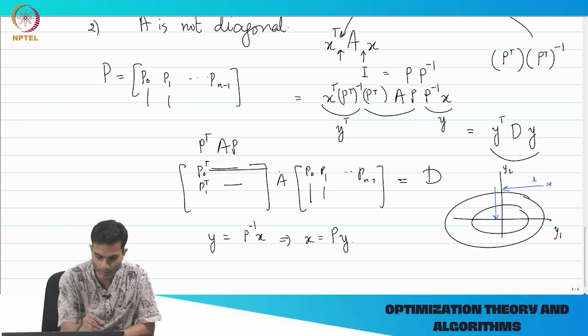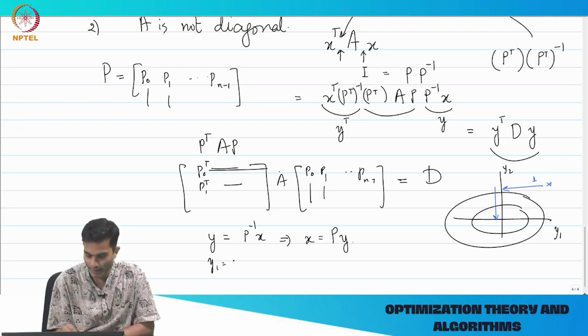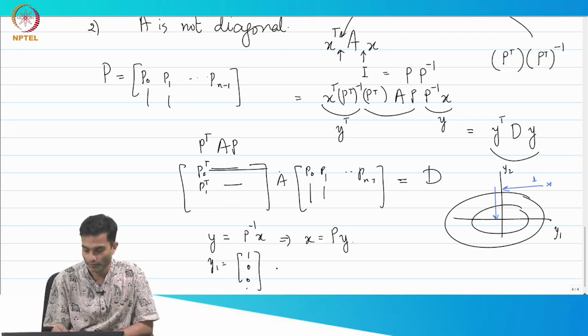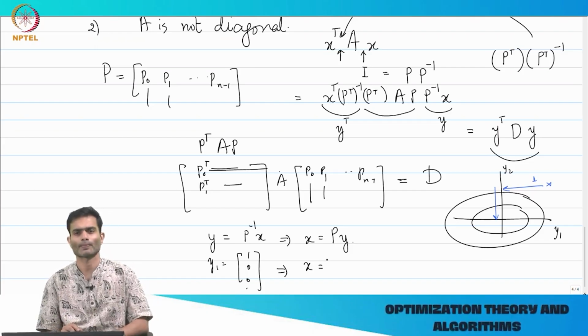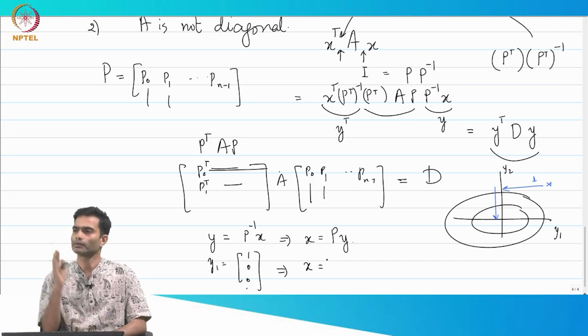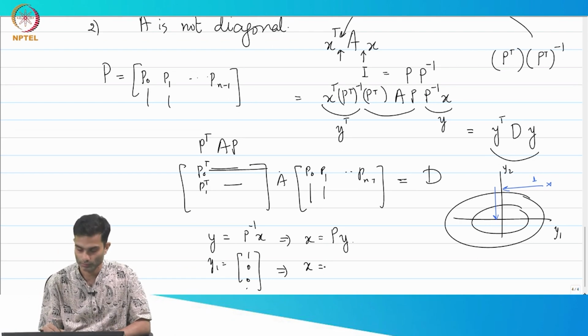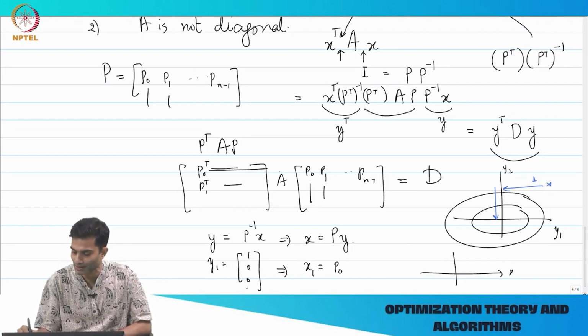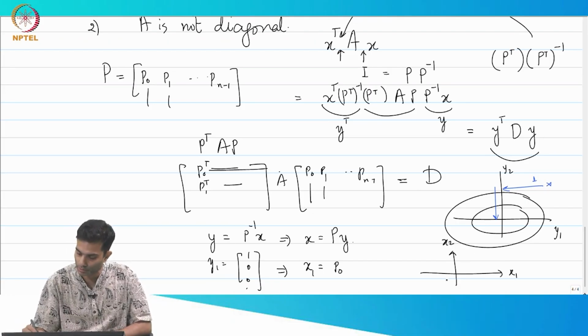Let's take Y1 to be given by 1, 0, 0, 0, right? This is my Y1. If I stick this in here, what am I going to get X as? Which column of P will get extracted when I multiply by Y1? Only the first column. First column is what? P0, right?